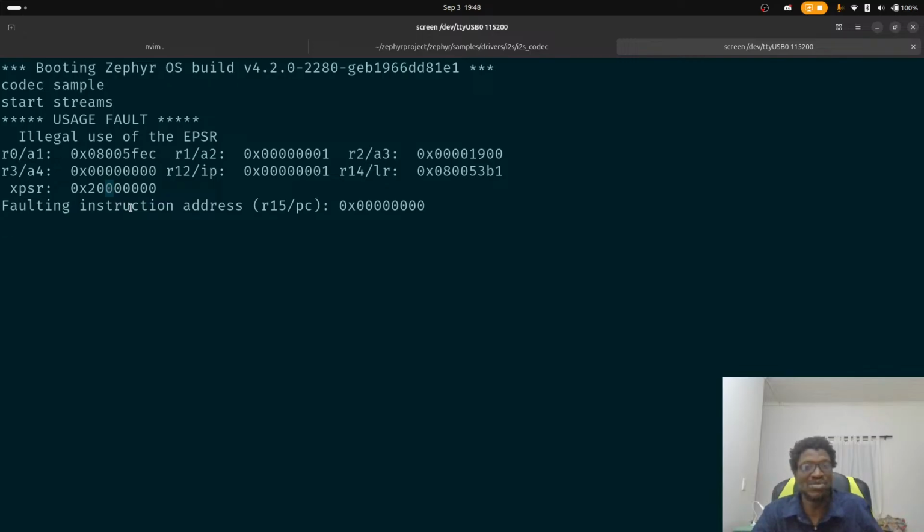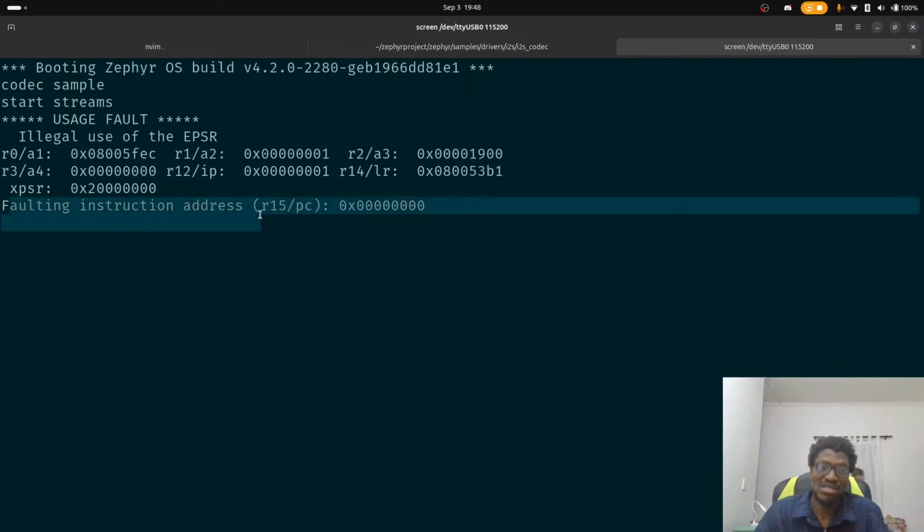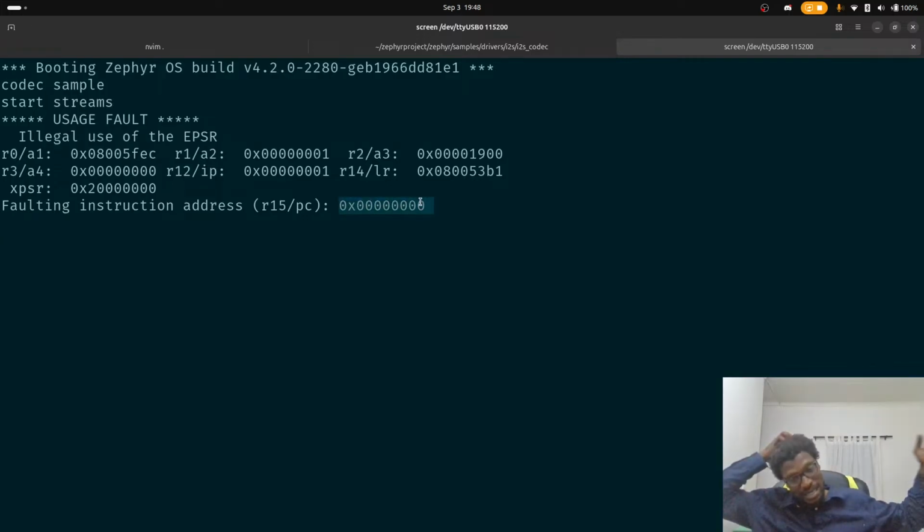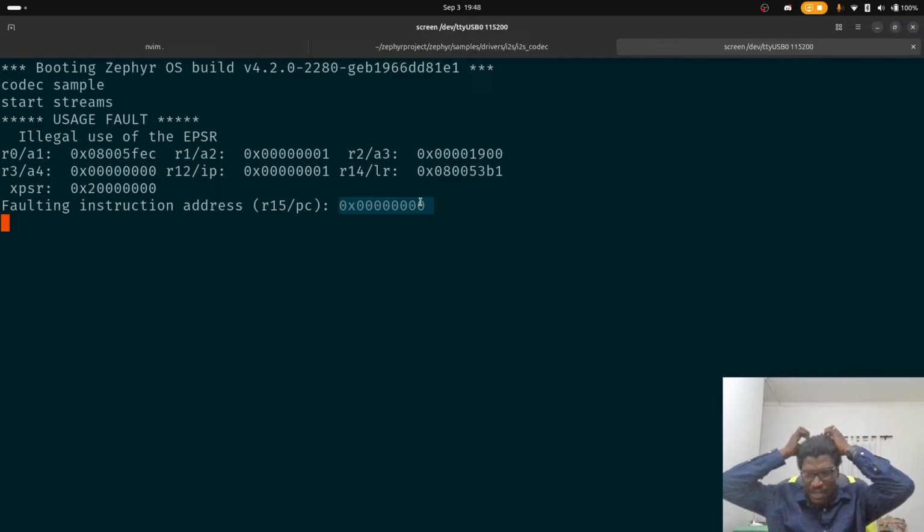We did some sort of instruction that updated the program counter to 0, and that caused the T bit to be reset. And actually, you can see here, faulting instruction address R15 program counter has been set to 0. When program counter gets set to 0, we have an invalid state.